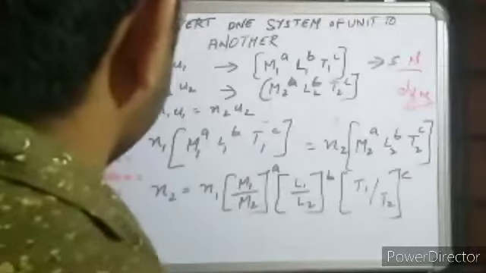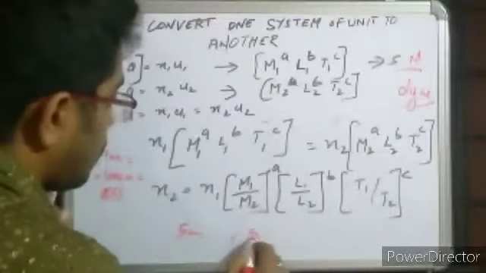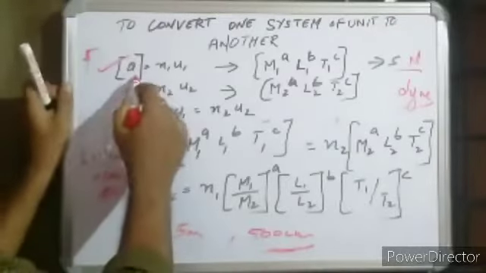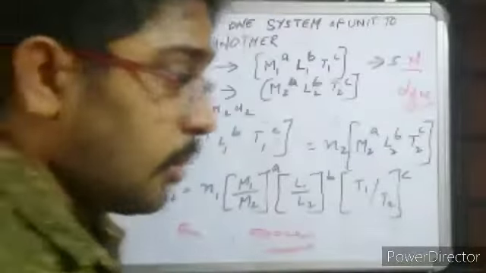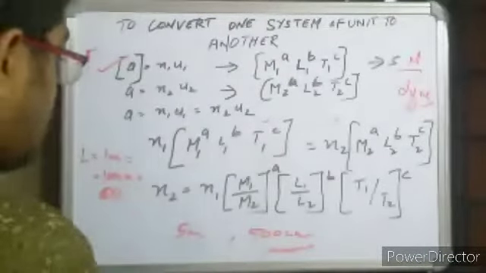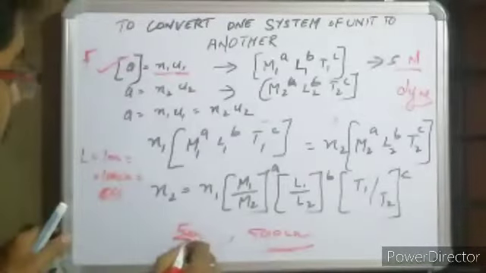So your physical quantity, if it is length, I will write it as, okay, 5 meter or 500 centimeter. So I can write Q as equal to N1 U1. So 5 meter. So N1 stands here for 5, U1 is its unit, meter in SI system.